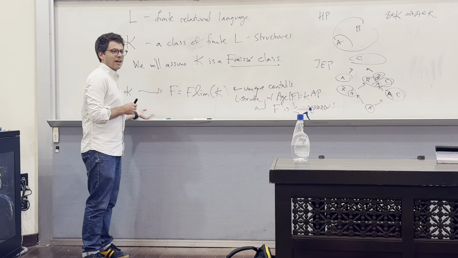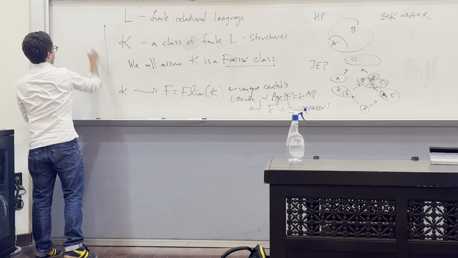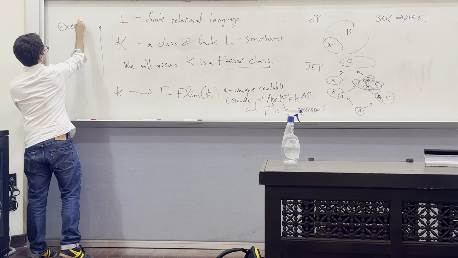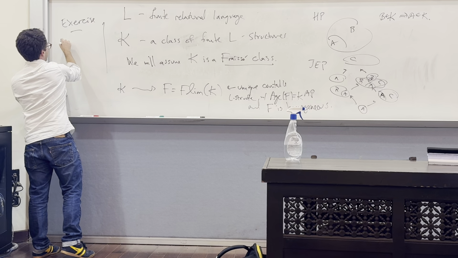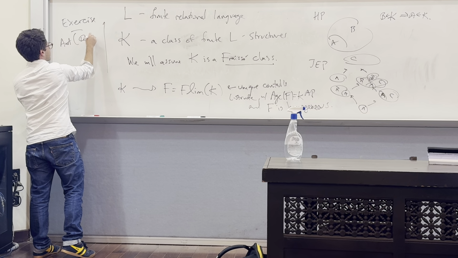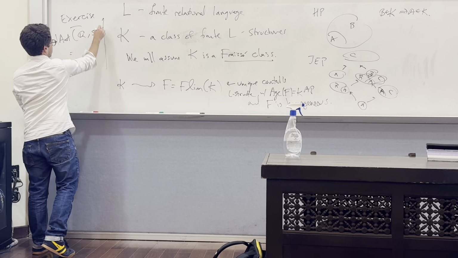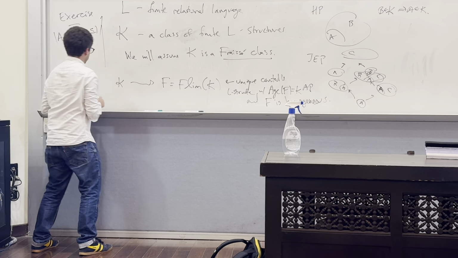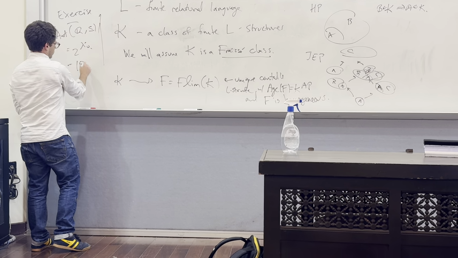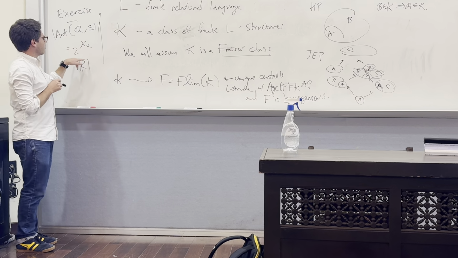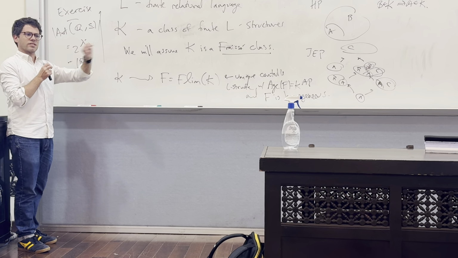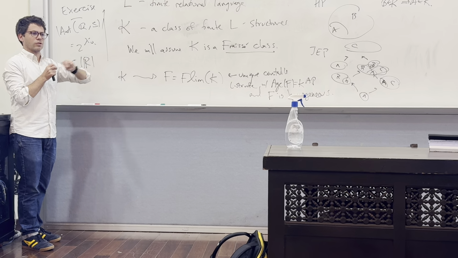So I think that is a nice exercise. For those of you that have thought about such things before, prove that the automorphisms of the rational numbers as a dense linear order, not as a field, just as the order, has size continuum, 2^ℵ0, which is, by the way, the size of the reals. But maybe the way you should think about this is that 2^ℵ0 is the set of countable length sequences of zeros and ones.